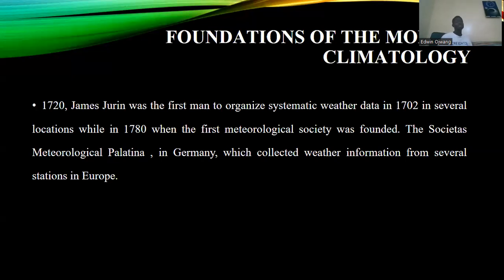In 1702, James Jurin was the first man to organize systematic weather data in several locations, while in 1780 the first meteorological society was founded, the Societas Meteorologica Palatina in Germany. That was the first meteorological society. It collected weather information from several stations in Europe.